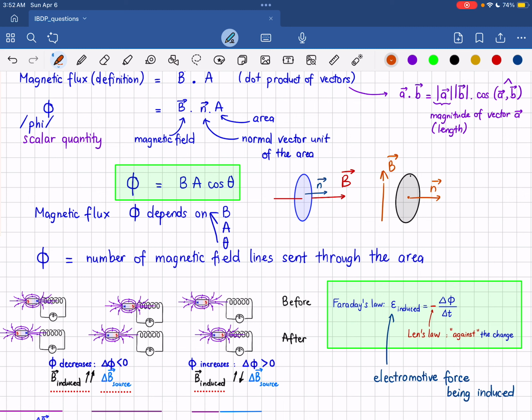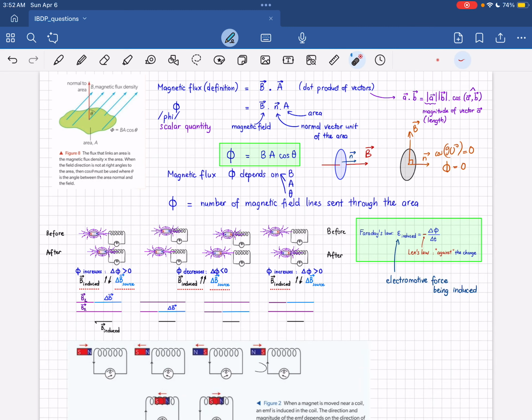What is the angle now? If I move this vector around, we can see the angle is 90 degrees, and the cosine of 90 degrees is just 0. That's why the flux here is 0. Understandable, right? Okay, so that's the very first key about magnetic flux.